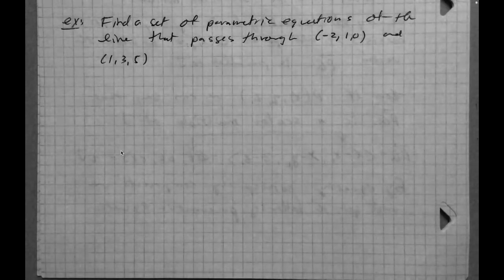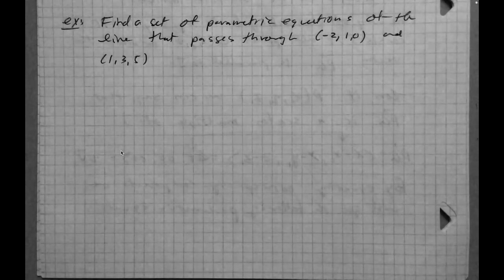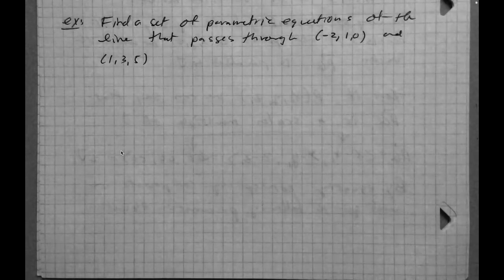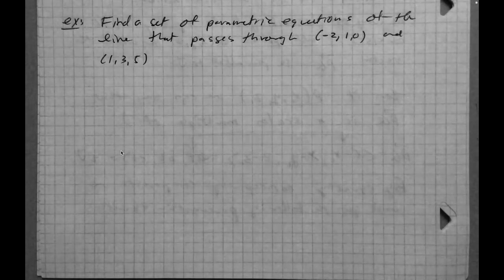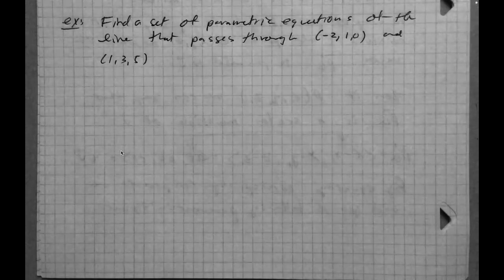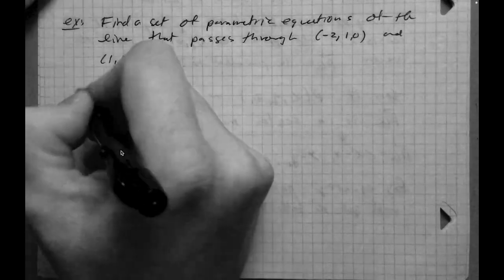So I've got two points in space, and there's going to be a line going through those. We want to write down the set of parametric equations to describe that line in space. First thing we're going to need is a direction vector.